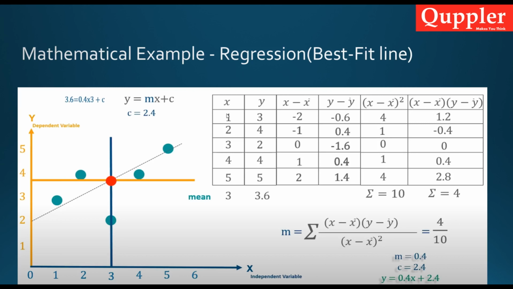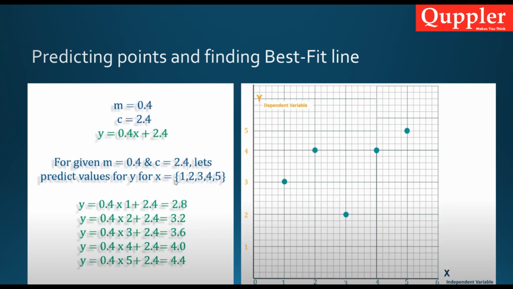So now based on these data points, 1 2 3 4 5, like 1 comma 3, 2 comma 4, 3 comma 2, 4 comma 4 and 5 comma 5, for these values of x we're going to find the value of y. One by one we're going to put each value of x for all the available data points in the equation y equals mx plus c, and then find the value of y.